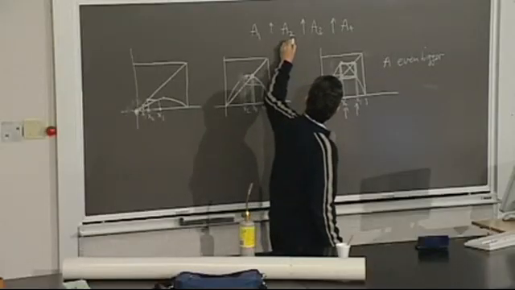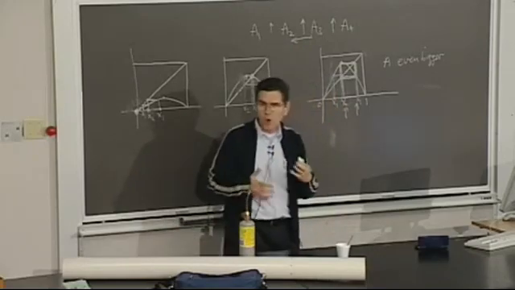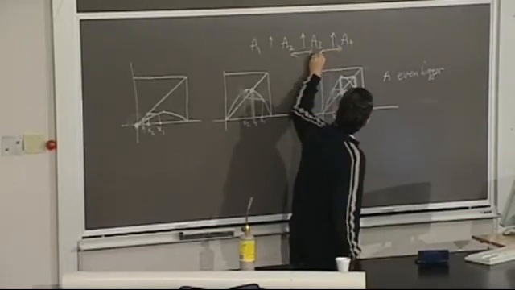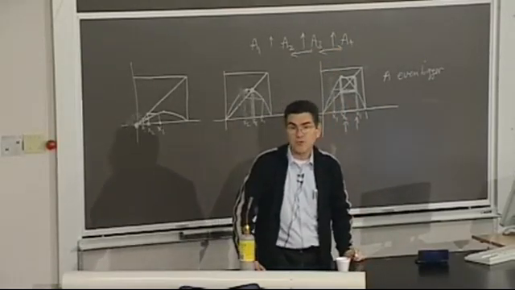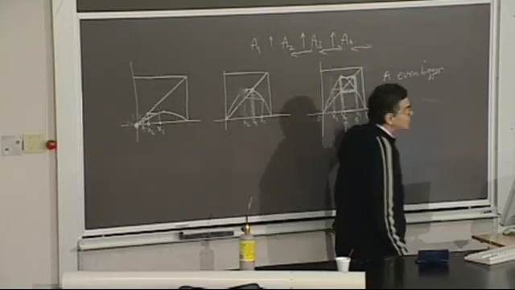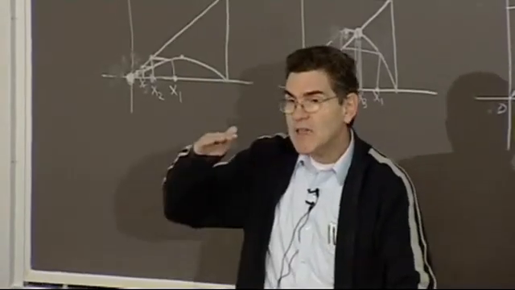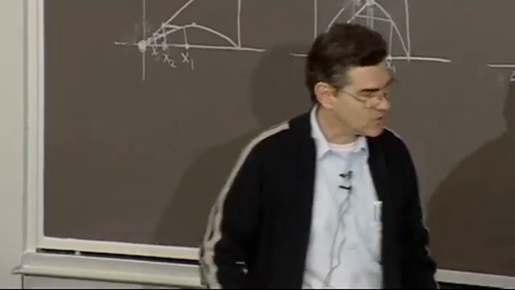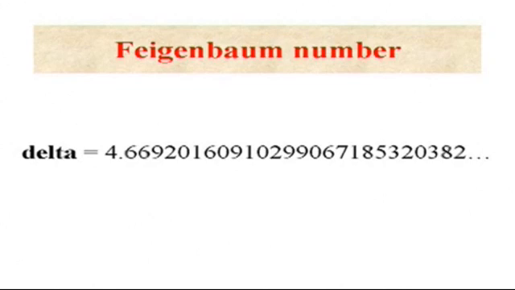That is, the distance from this A to this A is some small number, maybe on the order of 0.1. But the distance from this A to this A is about a quarter as much, and the distance to the next A is about a quarter as much. So the A's are getting closer and closer and closer together. But it isn't exactly a quarter as much. In fact, it's 1 over, not 1 over 4, not a quarter, but 1 over 4.6692016091029906718 and so on.